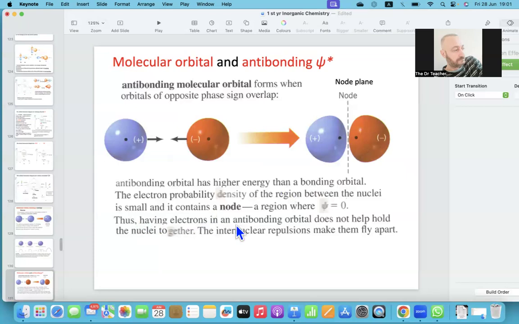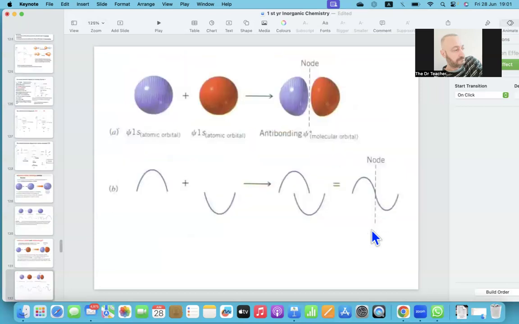Thus, having an electron in an antibonding orbital does not help hold the nuclei together. The internuclear repulsions make them fly apart. And here, as we said, the wave function is in one direction, the other one opposite. So they will do this, with the node in between, and the density will be less.